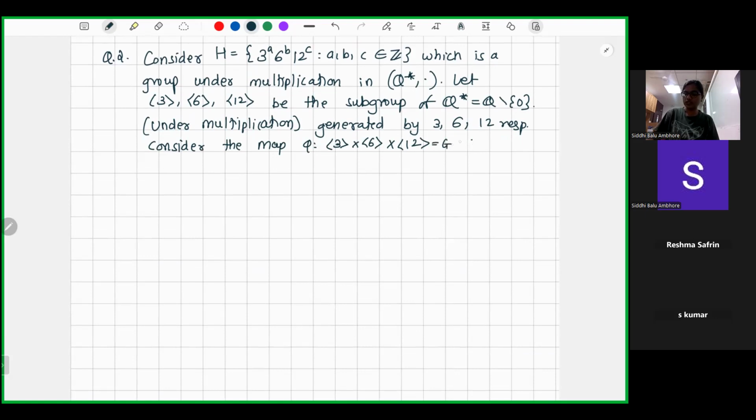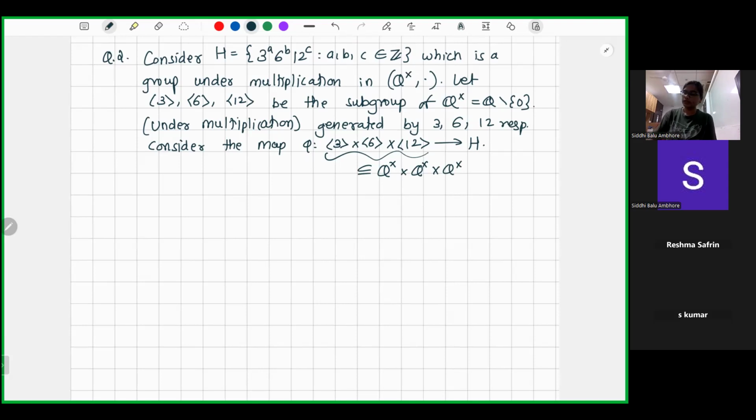Let us call this G, to H. So this is my subgroup in Q star cross Q star cross Q star, or the multiplicative subgroup of Q, and so on. Okay, this is not star, this is cross.